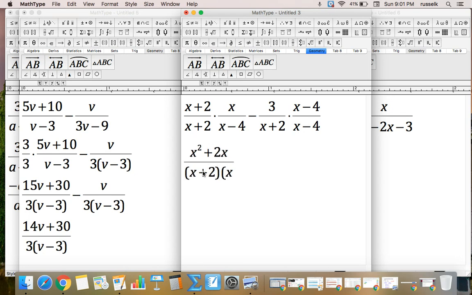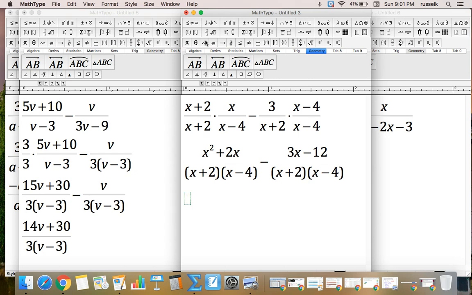Let's leave it as x plus 2 times x minus 4. When I distribute the second tops, I get 3x minus 12, over our common denominator, x plus 2, x minus 4.